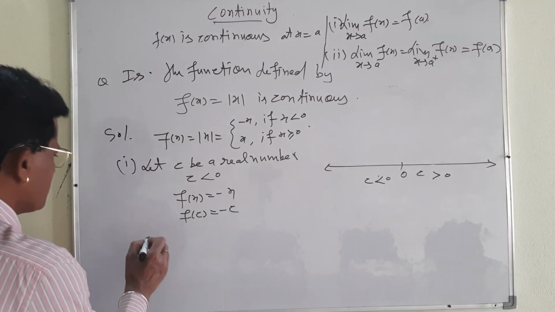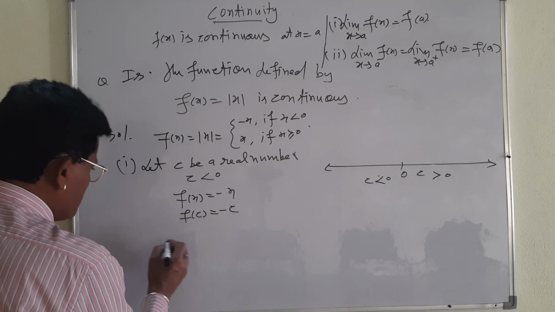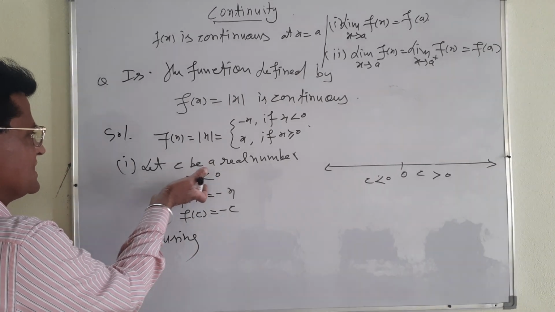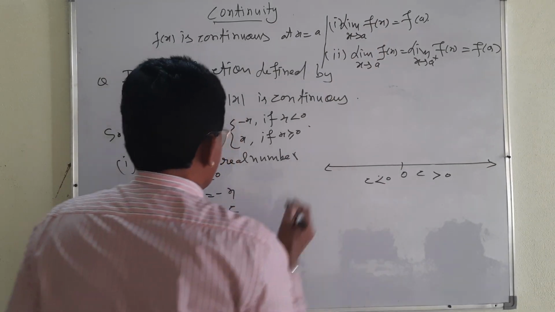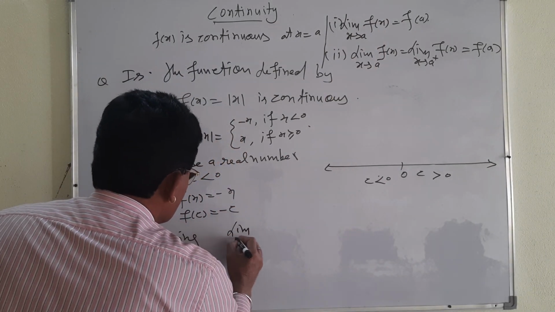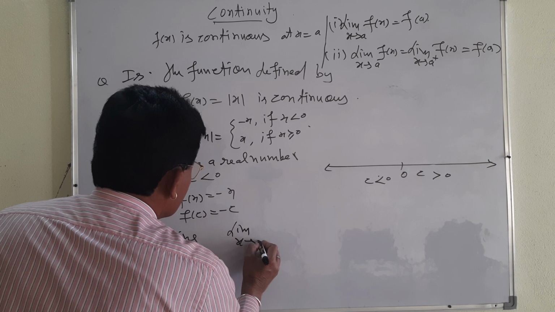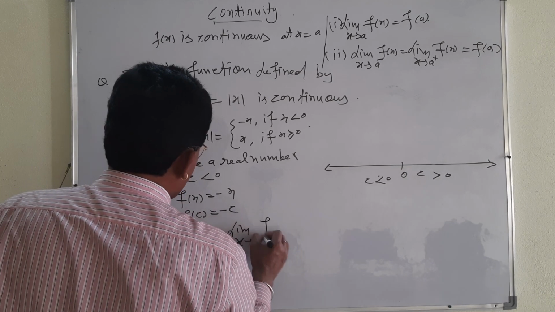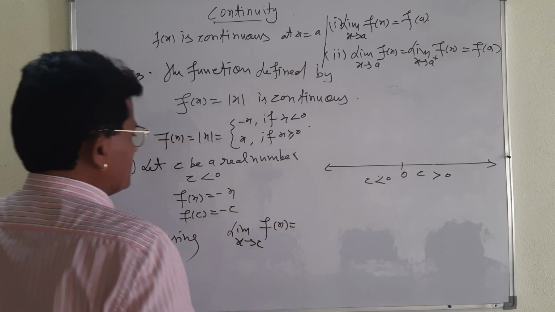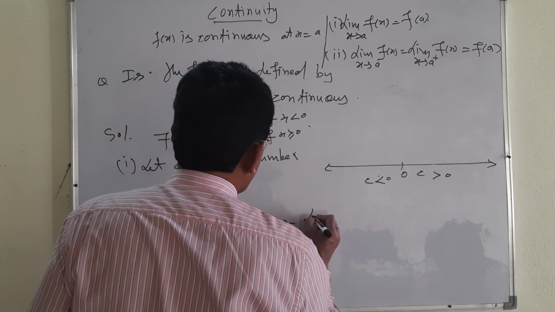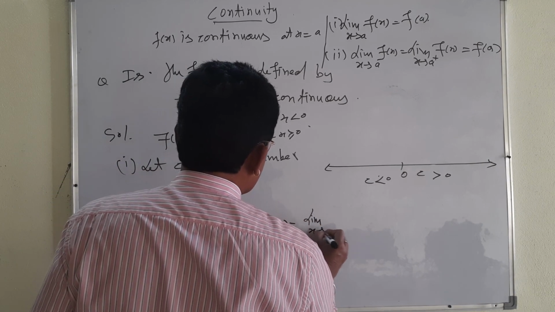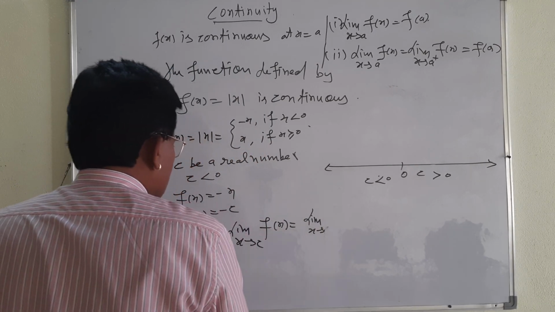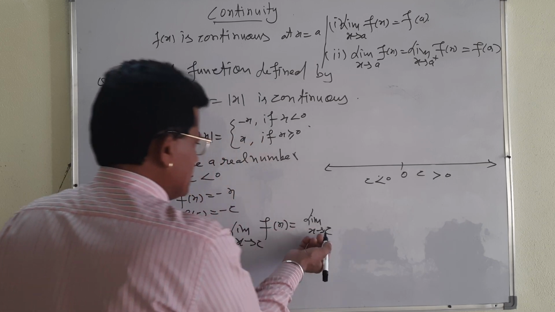Now, let me take the limit using the case, because I have already taken c less than 0, you can use the first case. First thing, limit x tends to c, f(x) will be equal to limit x tends to c. Dear student, it is not mentioned over here whether c is negative or positive.